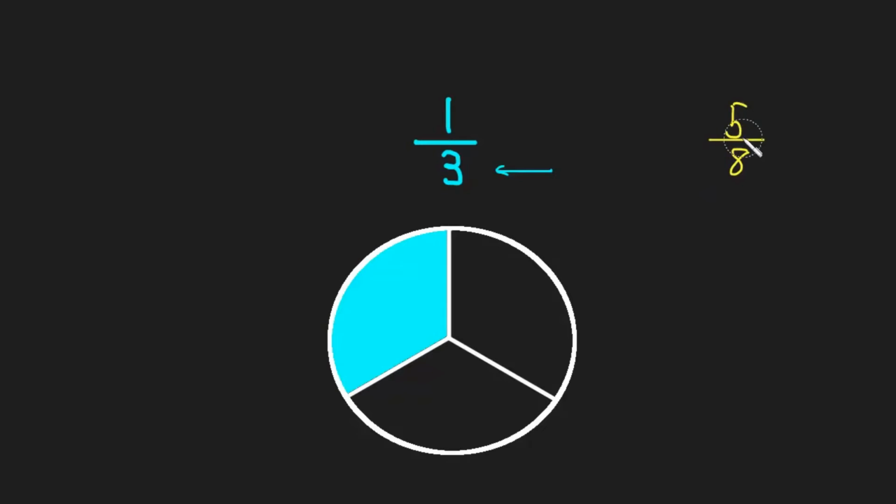So the idea behind a fraction is really, really simple. Things get a little bit more involved when we start talking about adding fractions together or multiplying fractions and things like that. So let's go ahead and look at doing things like that in the next few videos. See you then.